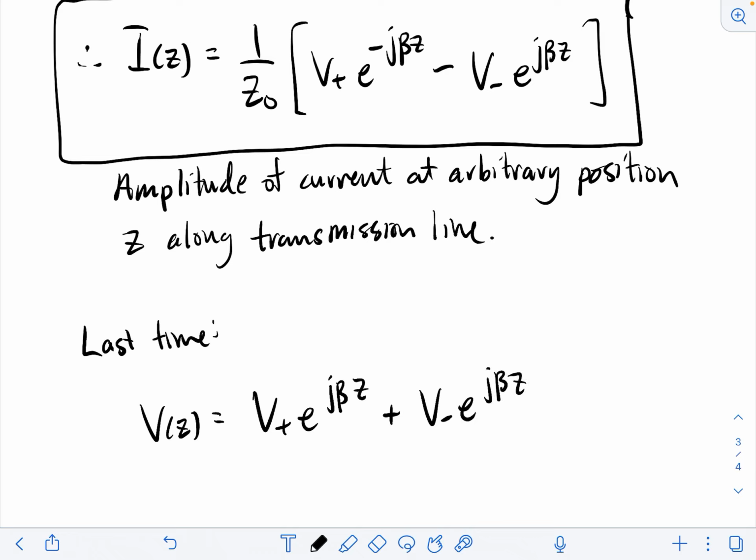In fact, from this equation in the box here, you could verify that Z naught definitely has units of ohms, because we're saying that the current amplitude, which is measured in amps, is equal to a voltage amplitude, V plus or V minus, divided by something Z naught. And so that Z naught has to have units of ohms, so that volts divided by ohms matches the current units of amps. Okay, good.